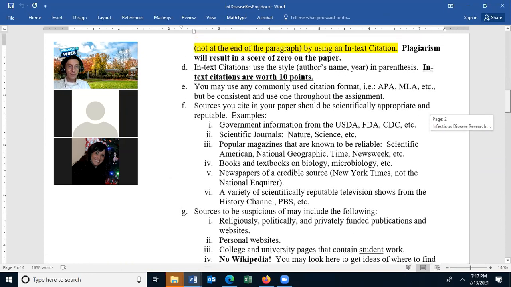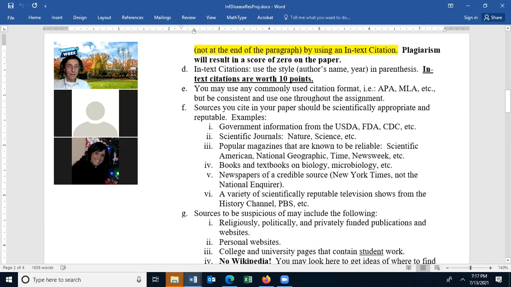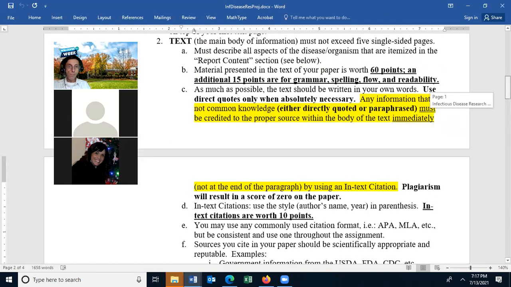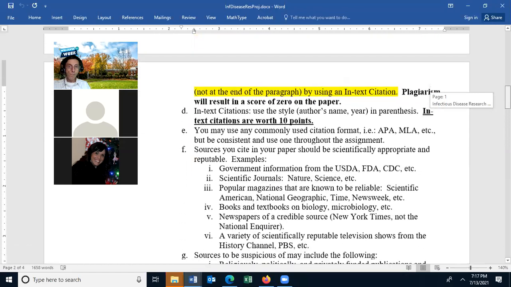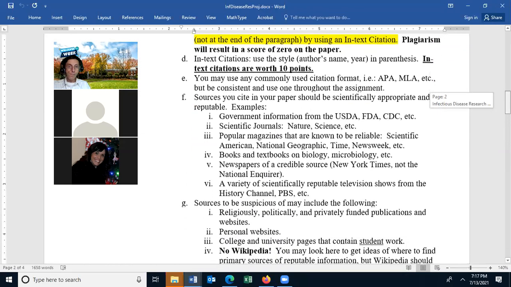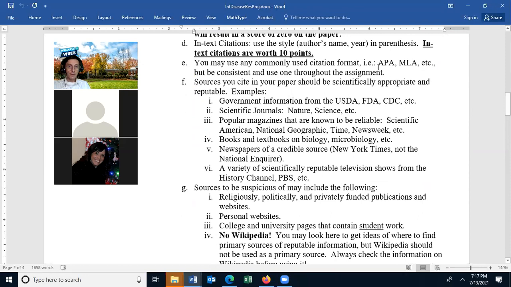For your citations, you can use any format. I think MLA was the one the plagiarism quiz used, but it might have been APA.